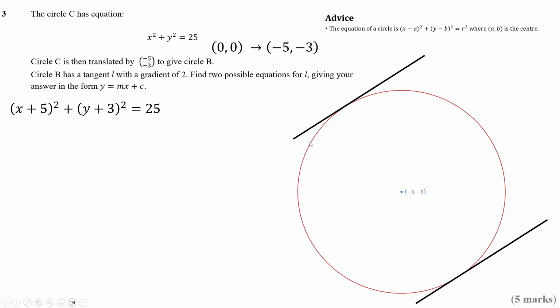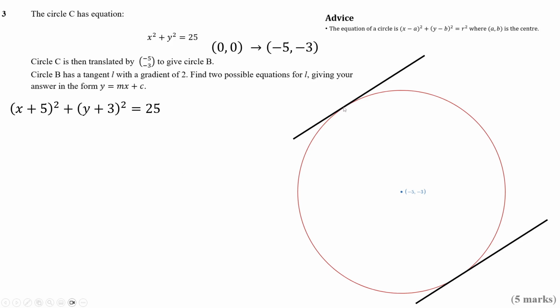Okay, and what we're going to do now is we want to find the equation of this tangent and this tangent here. Okay, they've got gradients of 2, which is what the question tells us. And now, one way that we can find them is by just this by itself. We can't do anything.